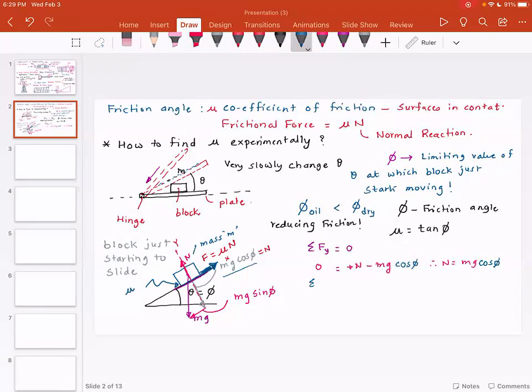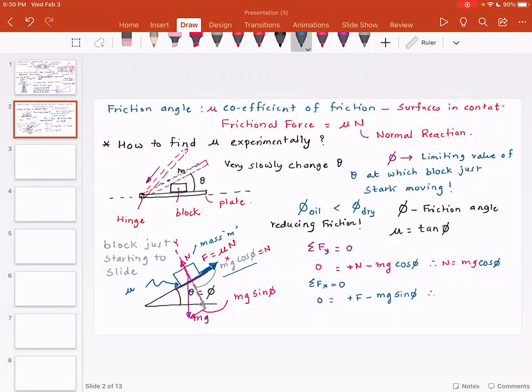And summation of forces in the x direction is equal to 0. That means the frictional force, which is positive because it's in the same direction as positive x, minus mg sine phi equals 0.